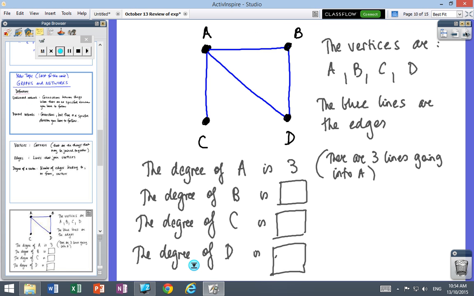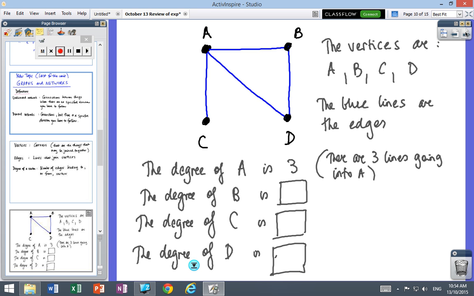Back on. So, for instance, here's a map. Who knows what A, B, C, and D is? It doesn't matter, but I've got A, B, C, D. Okay, they're called the vertices. The blue lines, like that's blue to me, I don't know what's blue to you, but those lines, they're called the edges.